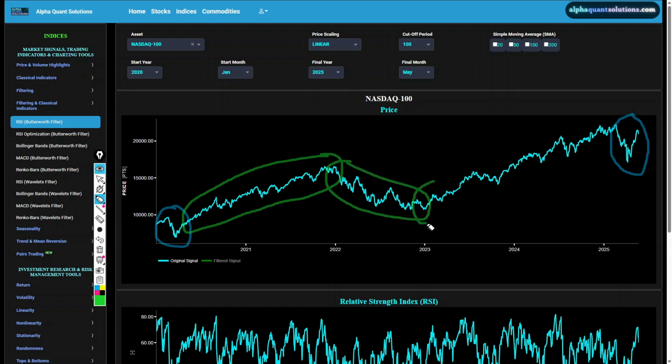And then again a long bull market, as you see, up until the first quarter of 2025. So these are the 5 main market regimes that we could see in the Nasdaq 100 for the last 5.5 years.